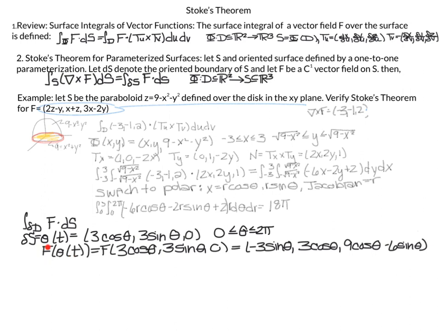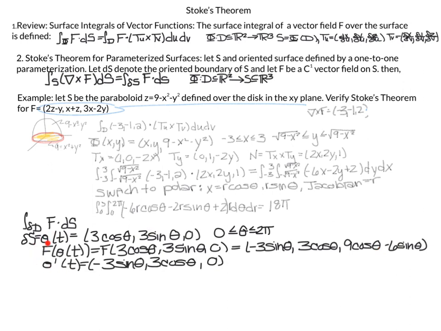And now my F, again, I'm not doing the curl anymore, so I'm going to use my regular vector field, 2z minus y, x plus z, 3x minus 2y. So 2z minus y, z is 0, so I have a minus y, which is minus 3 sine theta. My x plus z, that'll just be x because z is 0, 3 cosine theta, and then 3x minus 2y, that will give me 9 cosine theta minus 6 sine theta.